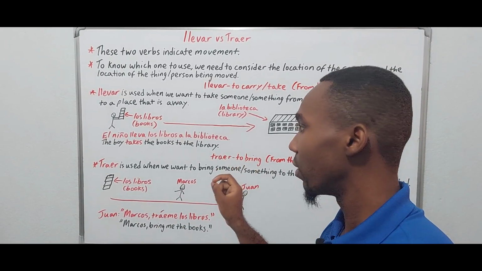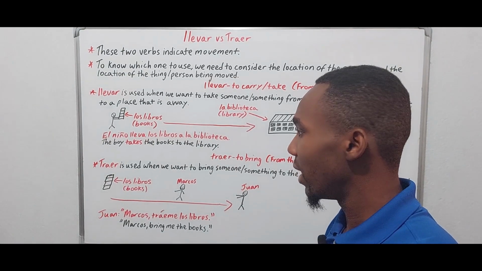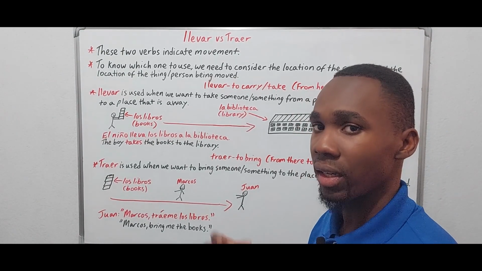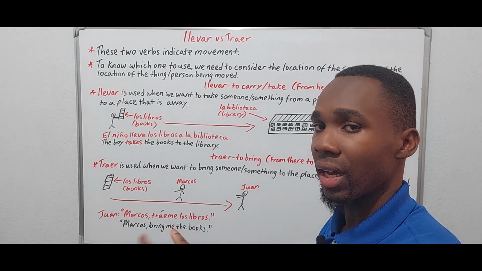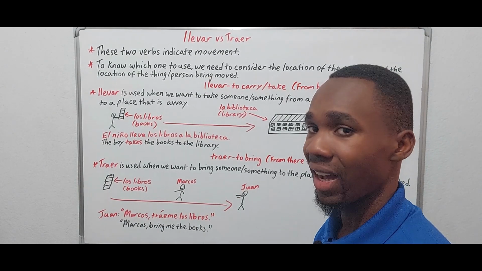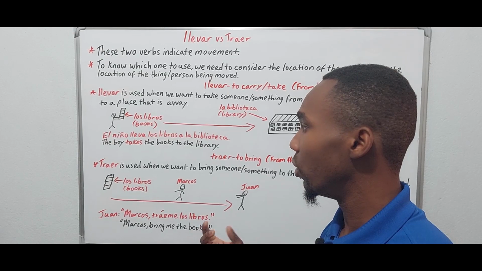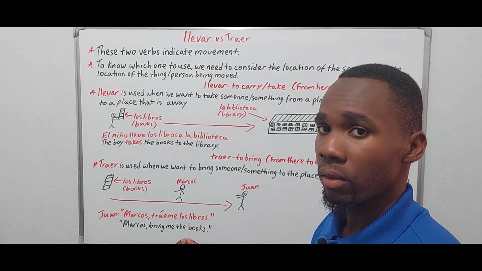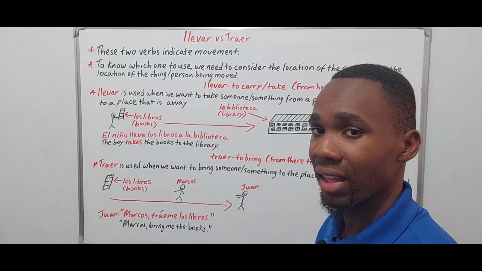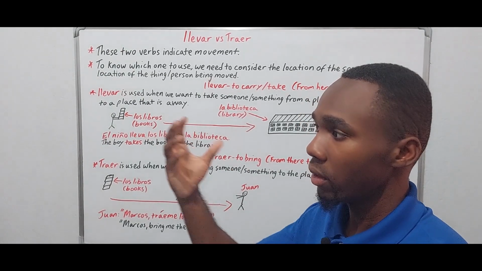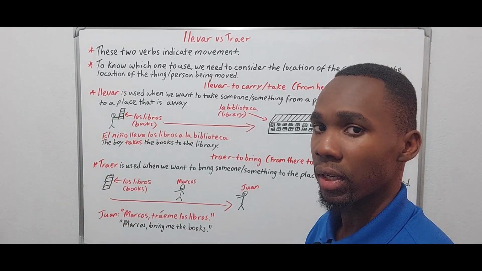And traer is used when the speaker is already at the destination and the item or person has to be transported to where they are. So that is why we use traer. And this is why we use aquí, because the speaker is already at the destination and the movement is towards the speaker. Okay?